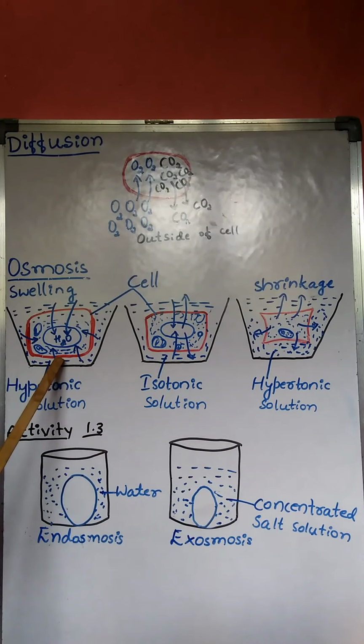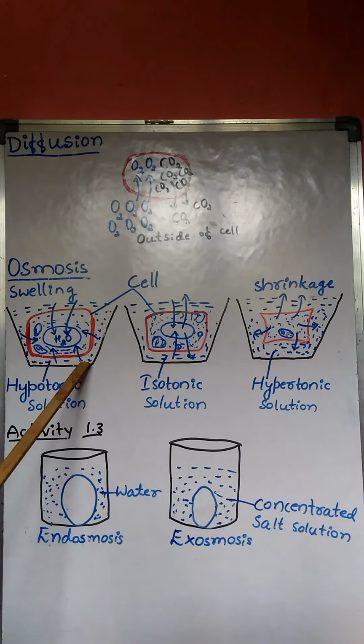Now let us discuss what happens when a plant cell or animal cell is placed in hypotonic solution. This is the hypotonic solution in which a plant or animal cell is placed. Here a plant cell is placed in the hypotonic solution. Hypotonic solution is a dilute solution, which has high water concentration, or it may be pure water.